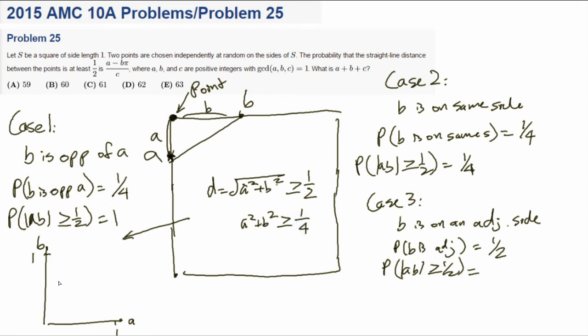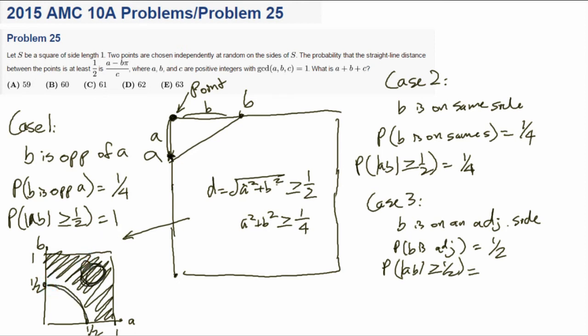And we know how to graph a circle. This is a circle of A squared plus B squared. Remember that it's greater than, so it's actually like this. And that's the region. That's geometric probability.